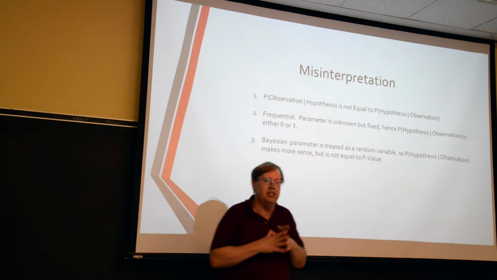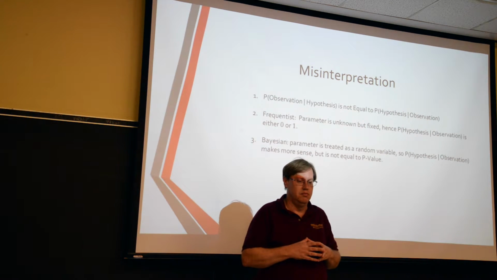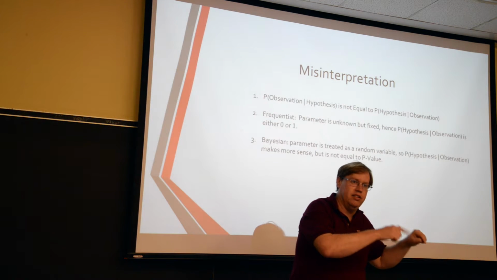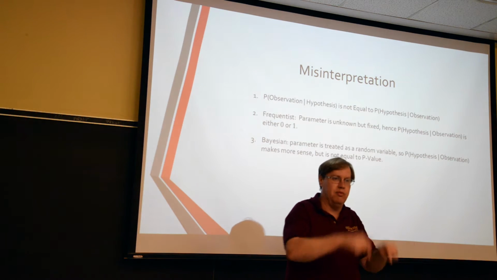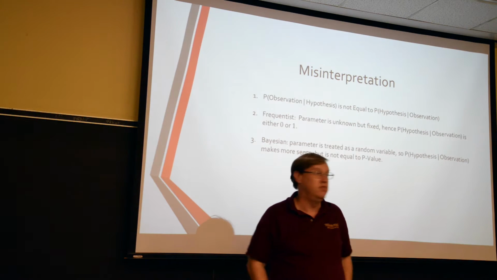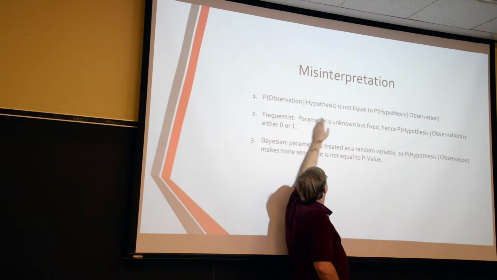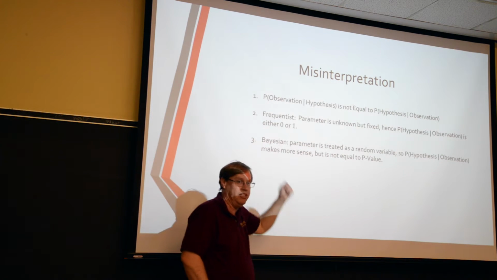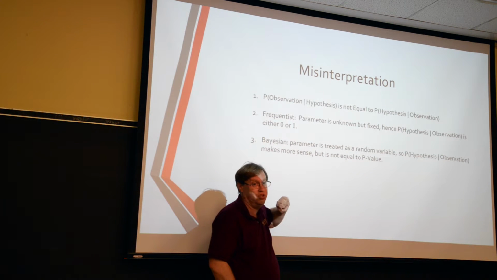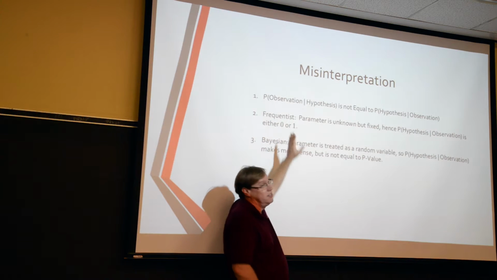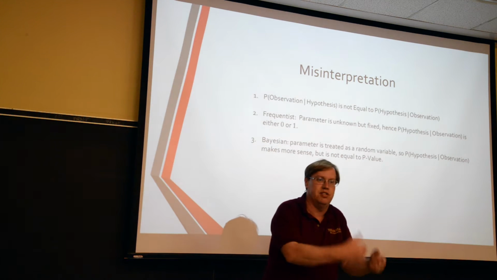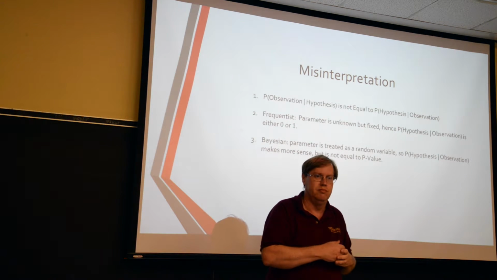So we have to remember the definition of the p-value. Assuming the null hypothesis is true, it's the probability of something. This is a conditional probability; the straight line means given. So given that the hypothesis is true, we're finding the probability of getting that particular observation or something more extreme.